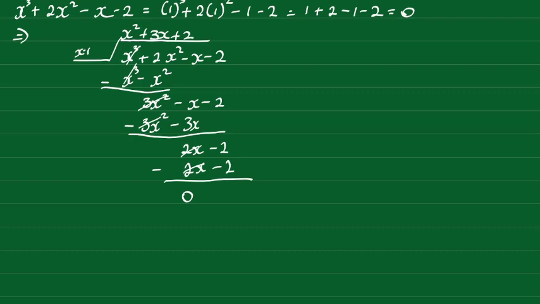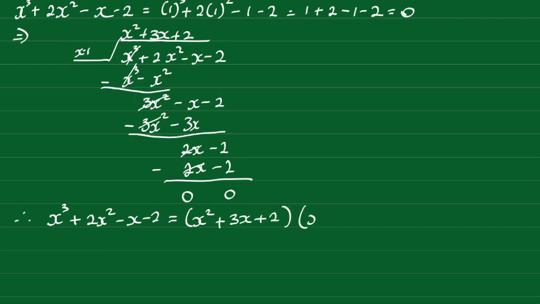Minus times minus gives us plus, so minus 2 plus 2 gives us 0 also. Therefore, we have it that x raised to power 3 plus 2x squared minus x minus 2 is equal to (x raised to power 2 plus 3x plus 2)(x minus 1).